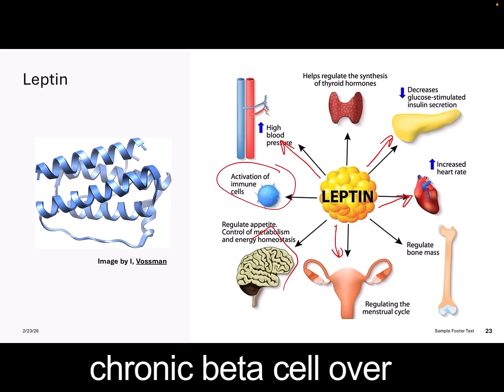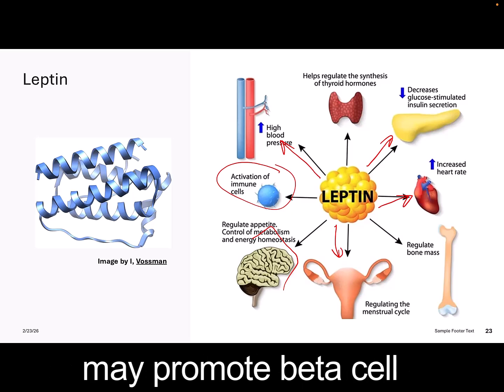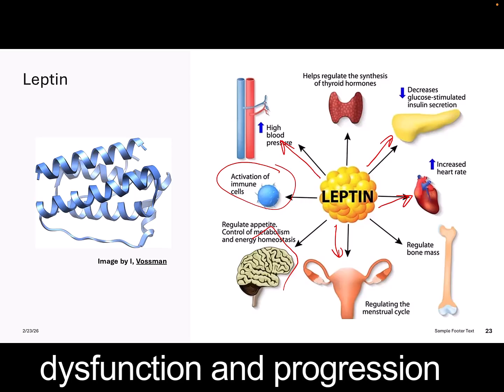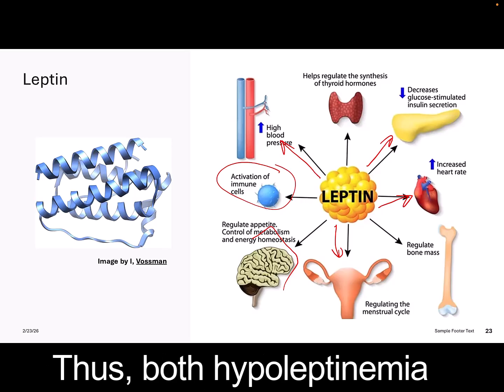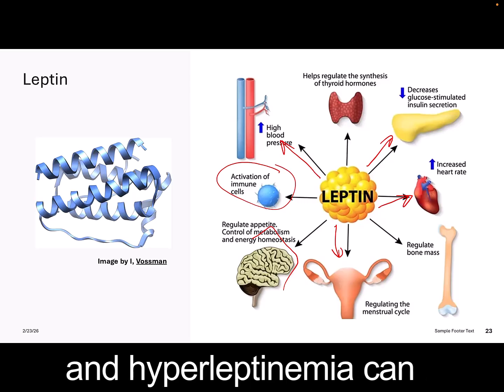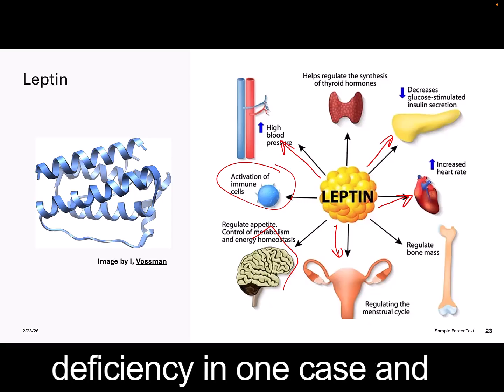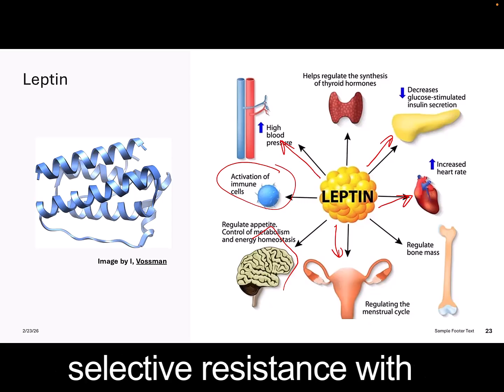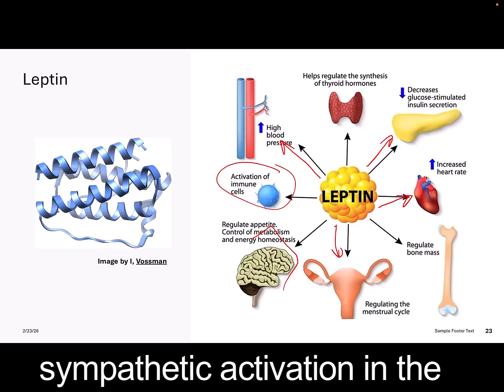Over time, chronic beta cell overstimulation in the pancreas may promote beta cell dysfunction and progression towards type 2 diabetes. Thus, both hypoleptinemia and hyperleptinemia can produce pathology through deficiency in one case and selective resistance with persistent inflammatory and sympathetic activation in the other.